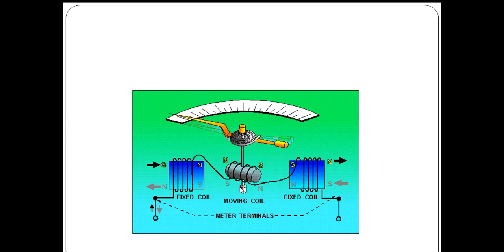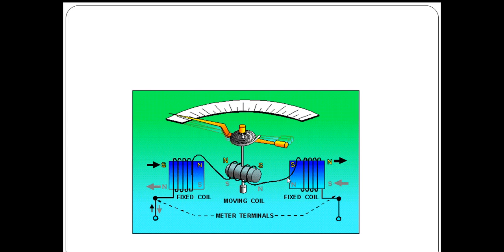On this spindle we are having two helical springs, which are made up of phosphor bronze, and these two permanent magnets are made up of Alnico or Alcomax, with which the maximum flux density will be produced.